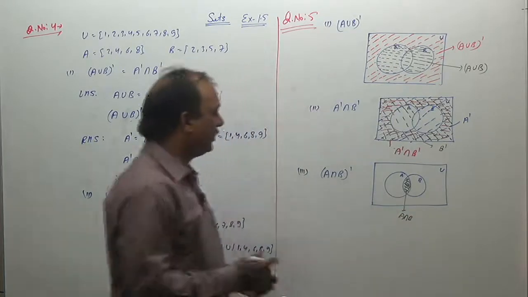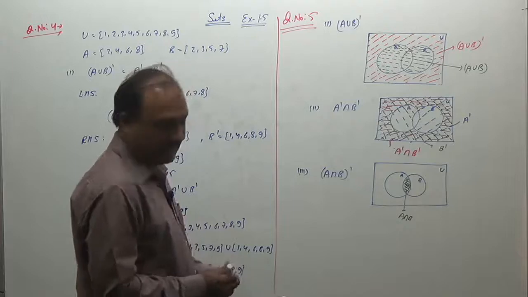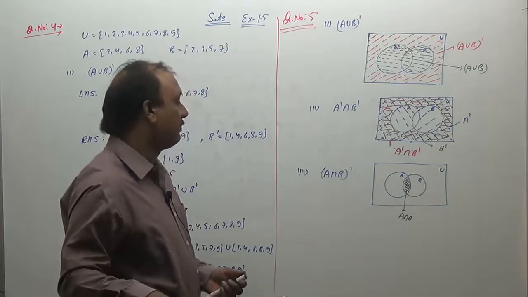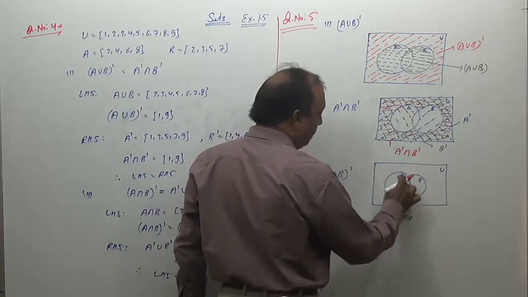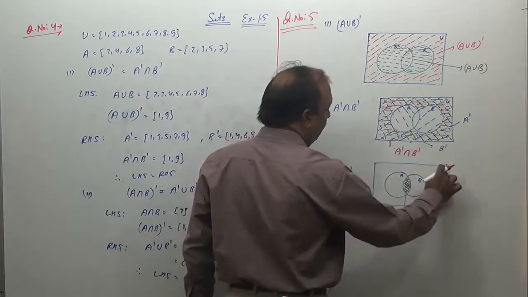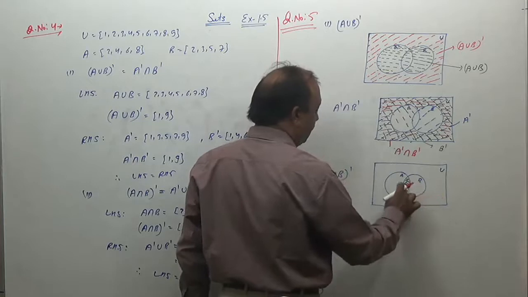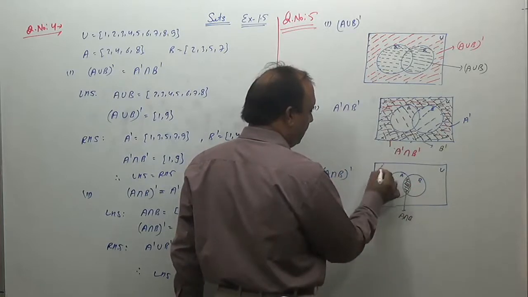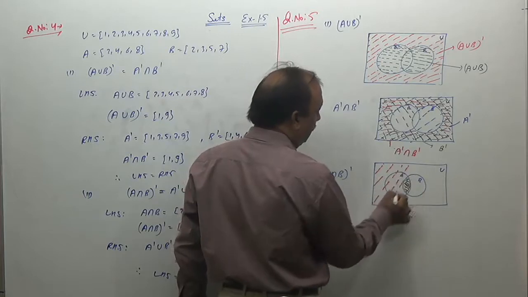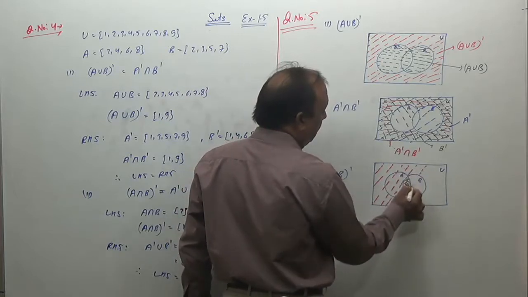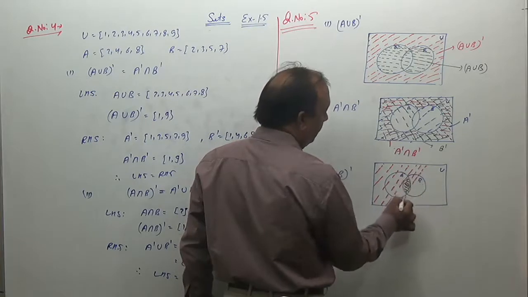What is the complement of this one? So complement of this one is except of this black region, whole of the region of the universal set represents the complement of this A intersection B. That is, ये जो पोर्शन है इसको छोड़कर ये रिप्रेजेंट करेगा इसका कॉम्प्लीमेंट.